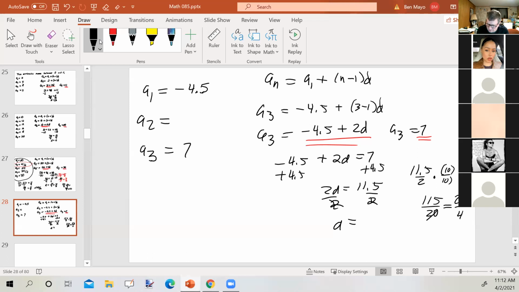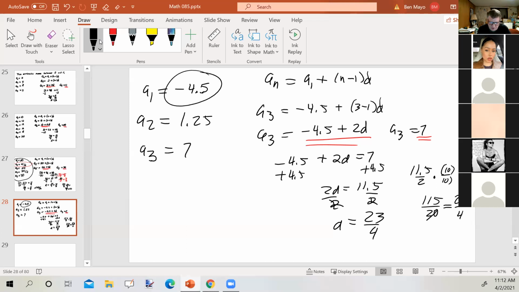Yes. Okay. I was thinking that that was supposed to be the final answer, but no, I've got to take that and add it to this to get my a sub 2. Sorry. I was right, but I thought I was wrong. Okay, so negative 4.5 plus 23/4. Negative 4.5 plus 23 divided by 4 is 1.25.